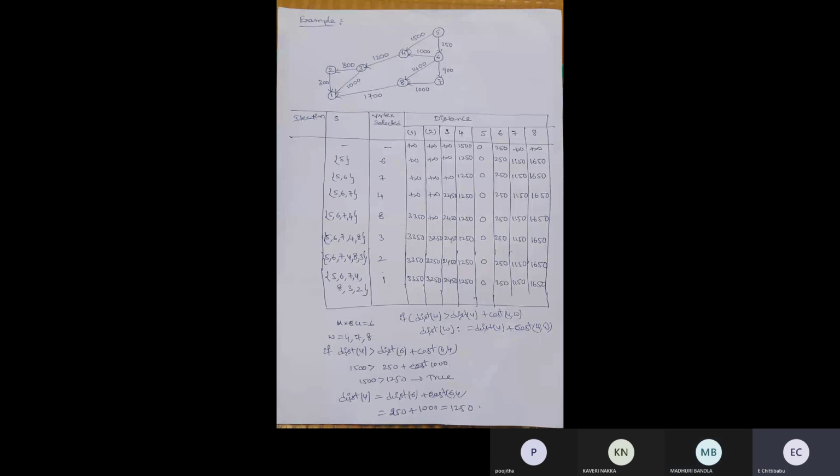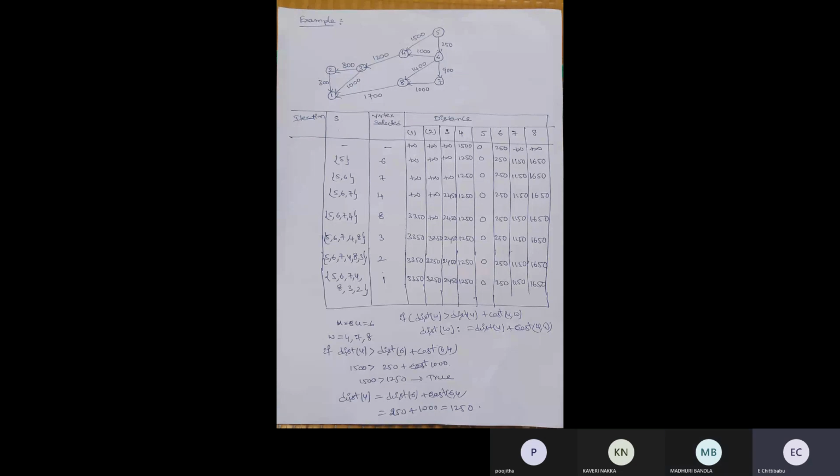Next minimum vertex is 4. What are the adjacent nodes of 4? 3. Check the condition. I did not show everything, I did it directly in the program. Distance of 3 greater than distance of 4 plus cost of 4, 3.